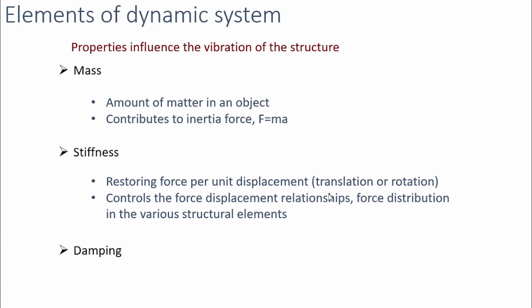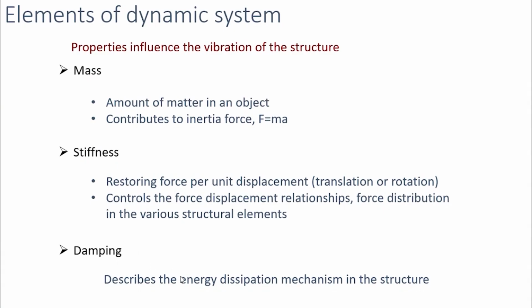If two structural elements are deforming in a similar way, then the stiffer element will have higher force; it will attract higher force. So the force distribution and force displacement relationship are controlled by the stiffness of the structure.